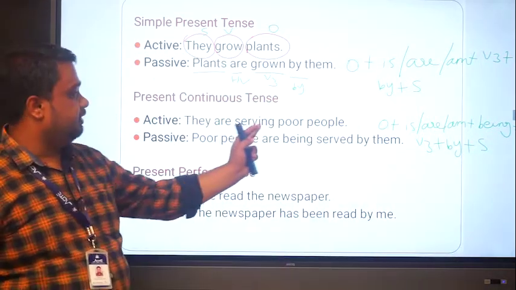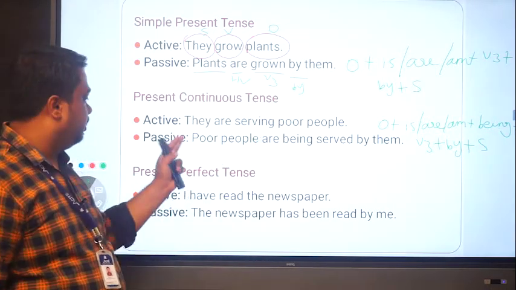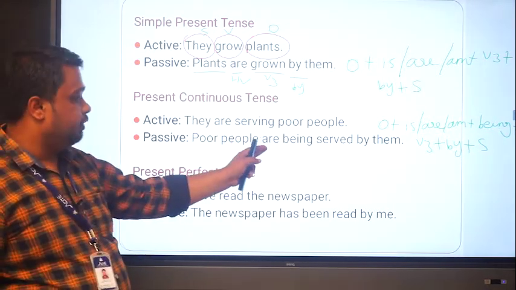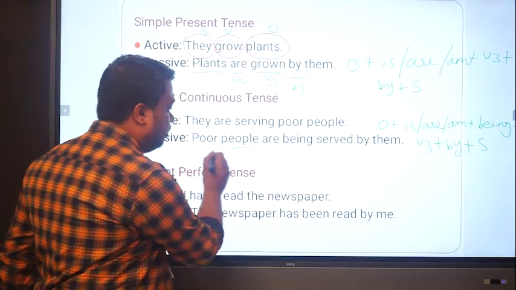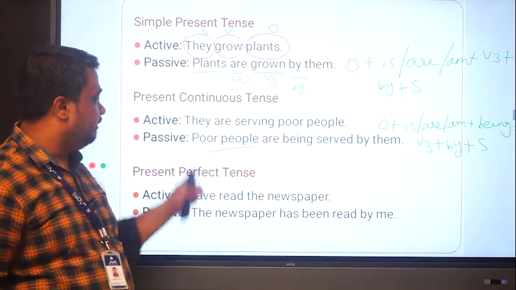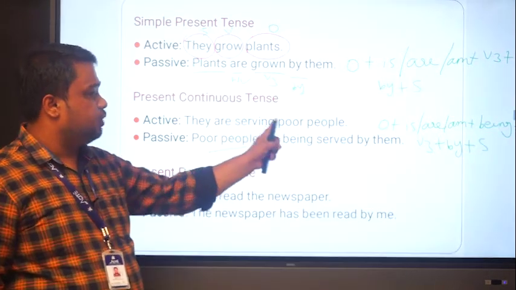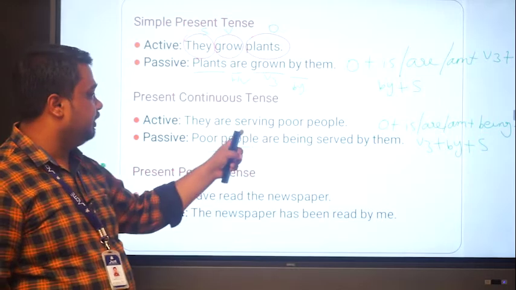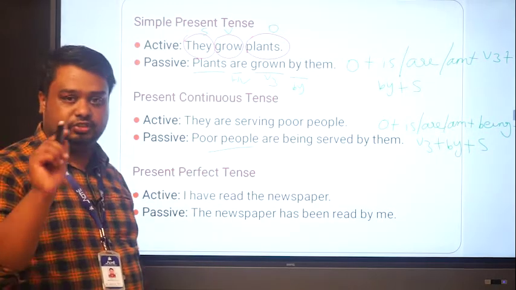So they are serving poor people. Poor people is the object, that becomes subject here. Poor people are. We have used are because poor people is plural. If it is only one person, like they are serving a child, a child is singular, right?